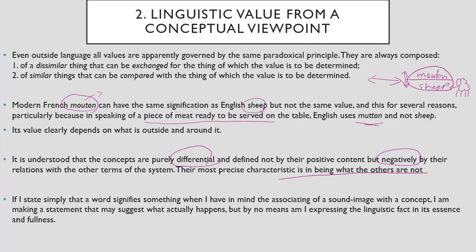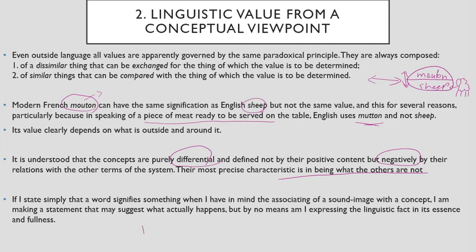If I state simply that a word signifies something when I have in mind the association of a sound image with a concept, I'm making a statement that may suggest what actually happens, but by no means am I expressing the linguistic fact in its essence and fullness. Why does he say that?